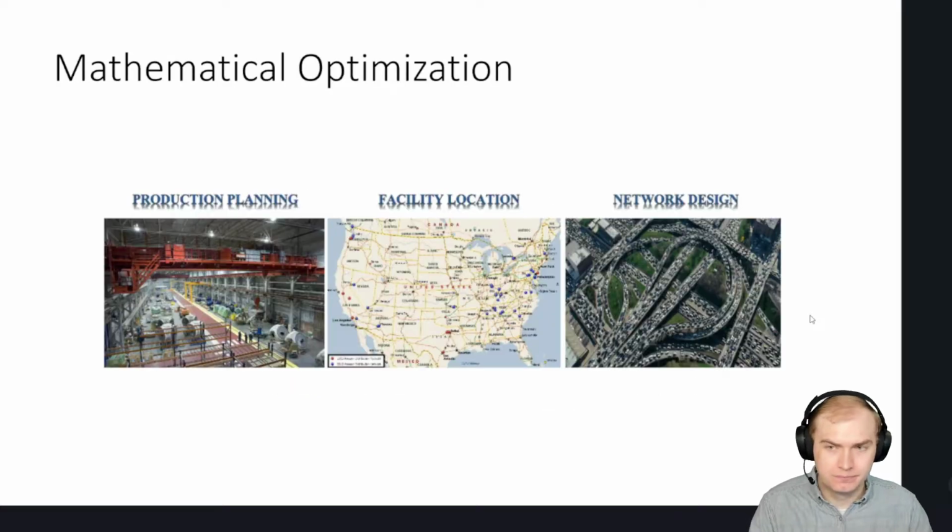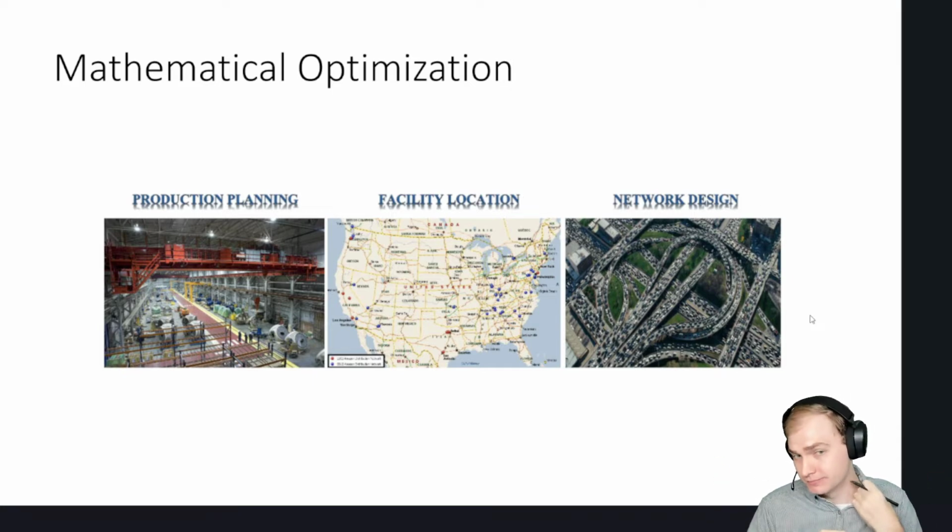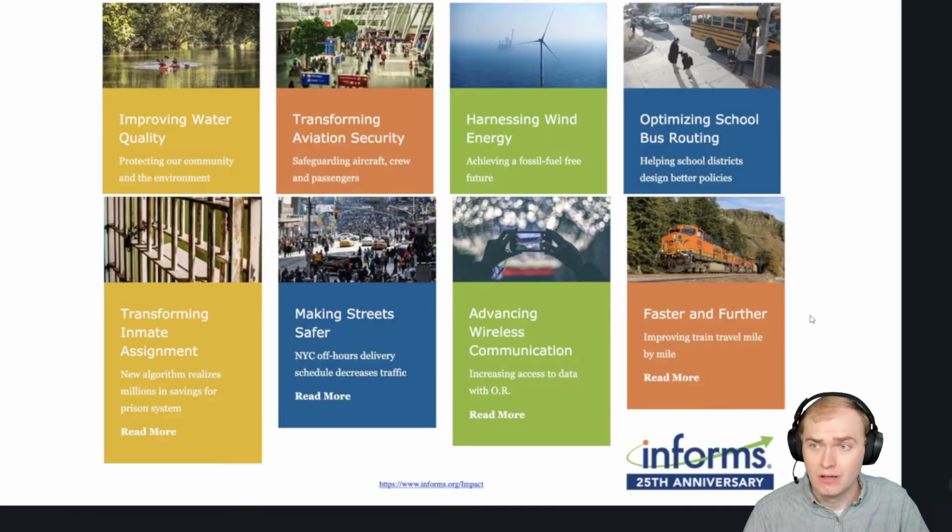Right. So, mathematical optimization, operations research, is used for all sorts of things. Some of the classic problems are in the fields of production planning, facility location, and network design. This is a slide from INFORMS's website.